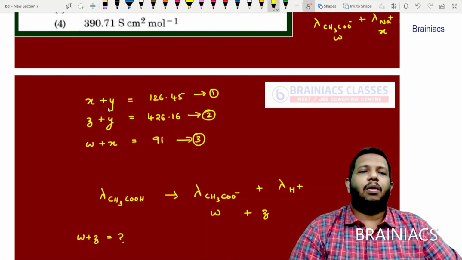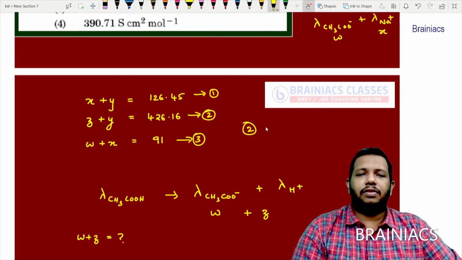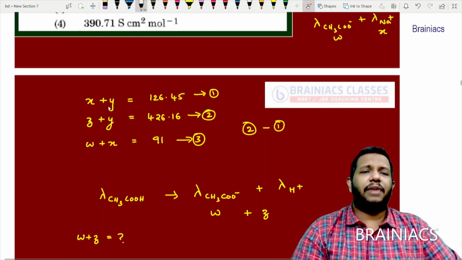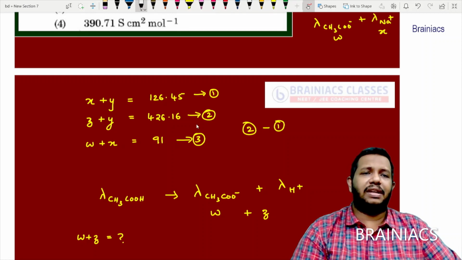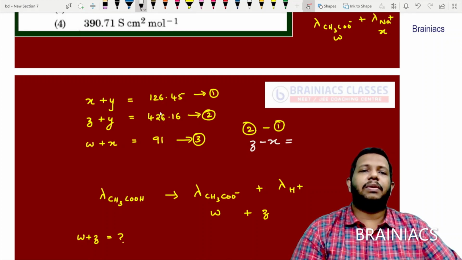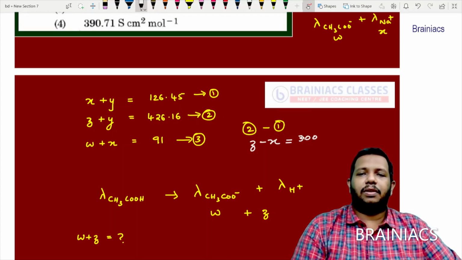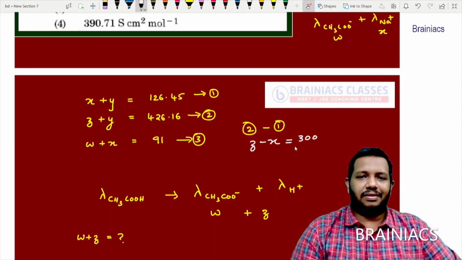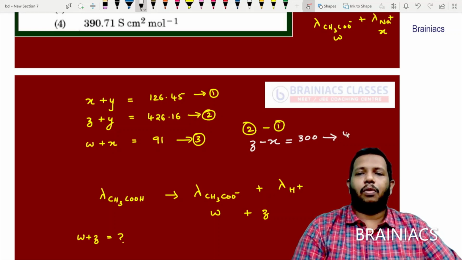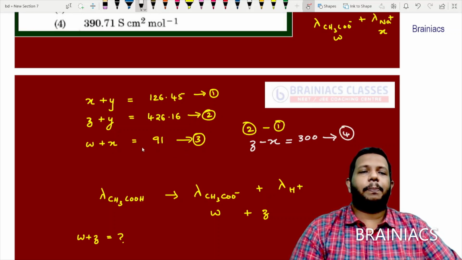First step, I subtract 2 from 1. Y and Y cancel off and you get Z minus X. Z minus X is around 300, approximating for calculation, because 426 minus 126 is nothing but 300. I call this equation 4. Next, I do 4 plus 3.